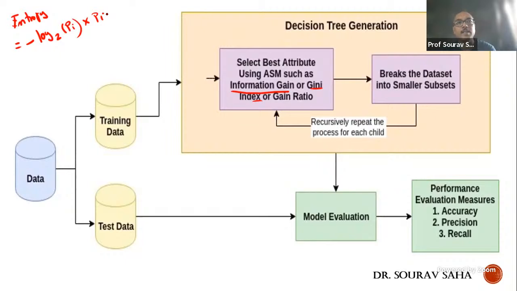If one class is the majority and the other class is the minority or 0, entropy will come as 0, which means minimum impurity, or pure, which is good.